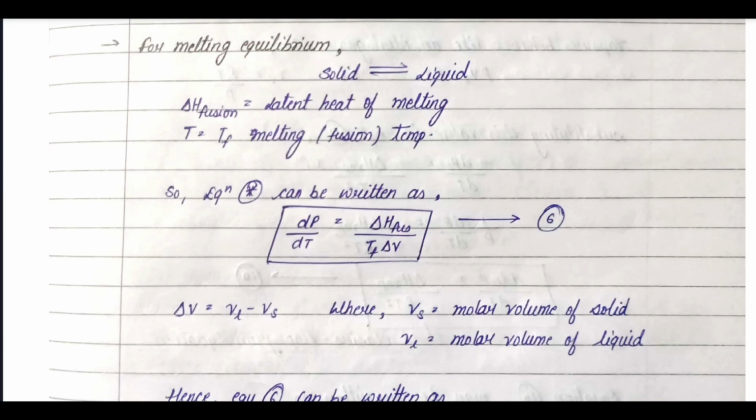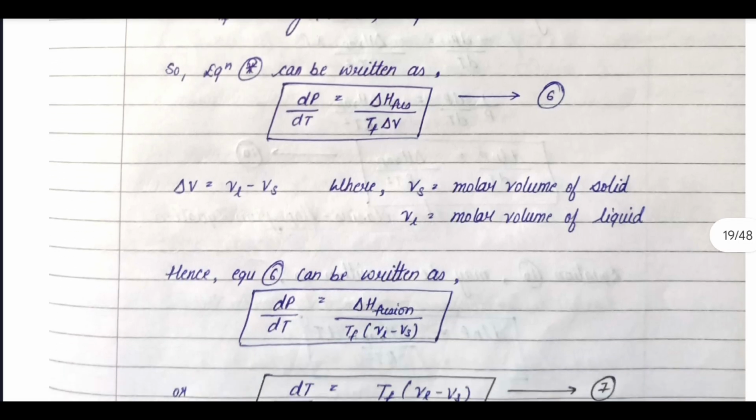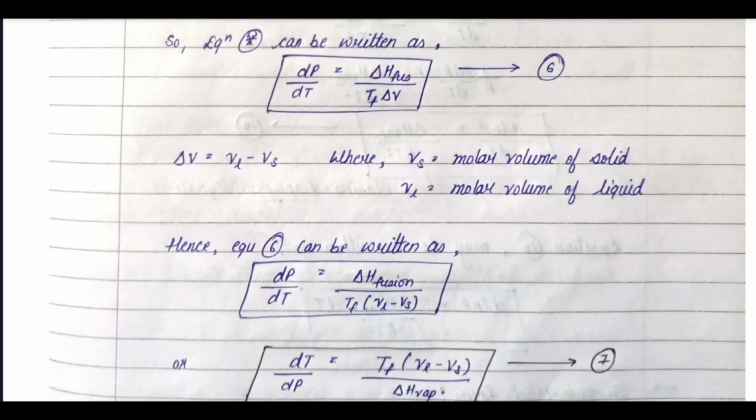For melting equilibria, solid to liquid, delta H fusion is equal to the latent heat of melting and T is equal to Tf, that is the melting temperature. So equation star can be written as dP by dT is equal to delta H fusion by Tf into delta V, equation 6. Delta V is equal to V liquid minus V solid, where V solid is the molar volume of solid and V liquid is the molar volume of liquid.